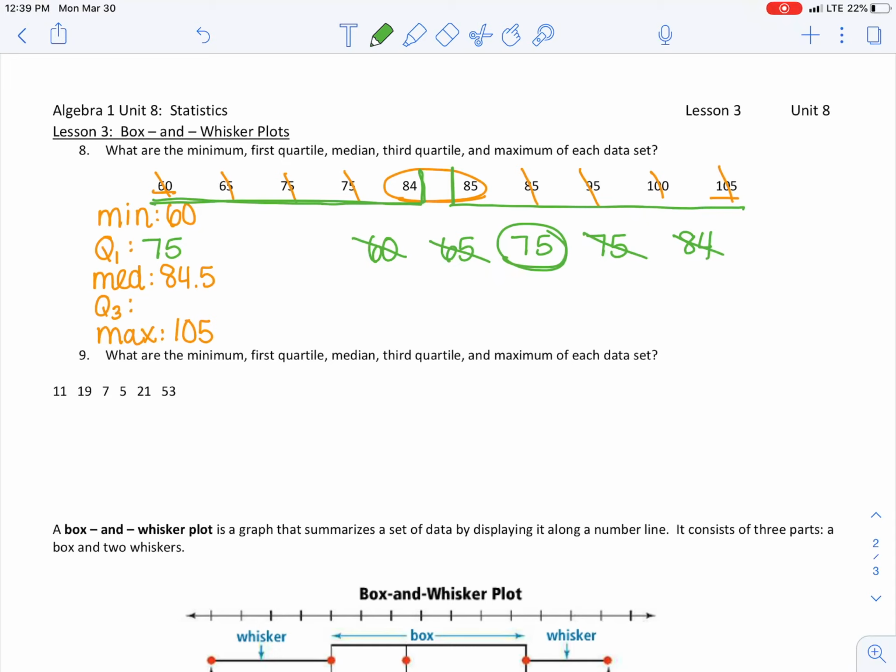So that's going to be my Q1. You have to do that on the other side too, which gives you your Q3. So again, I'm going to rewrite, cross off on both sides, which leaves me with 95 for my Q3.